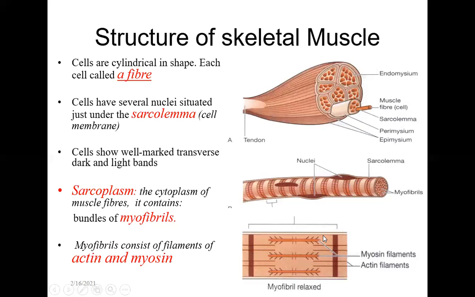It is made up of two types of filaments. These thick ones are called myosin and these thin filaments are called actin filaments. These are the two types of filaments. Bands are here: dark band, light band, dark band and light band. So these are the filaments, the myosin and actin filaments.